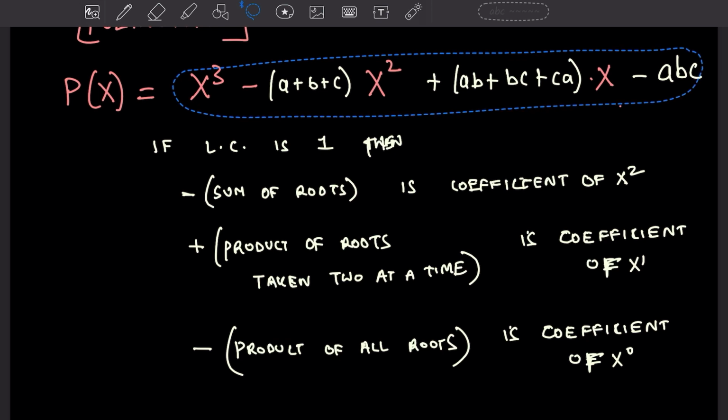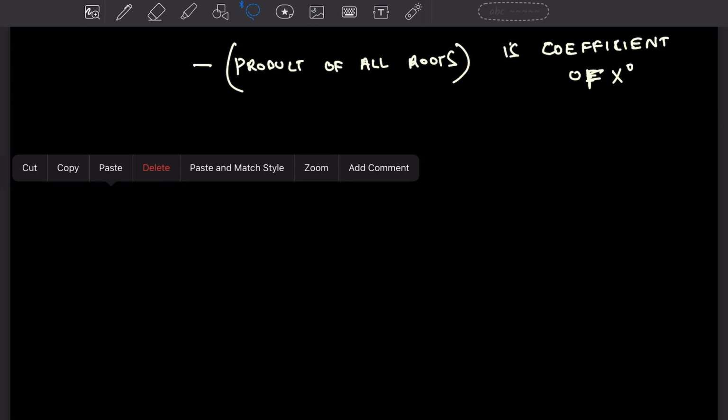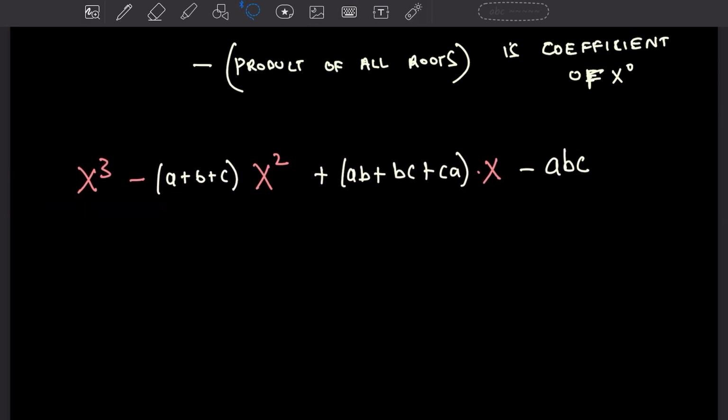So I'll copy this, paste it here. In place of x, let's plug in a, so this is 0.